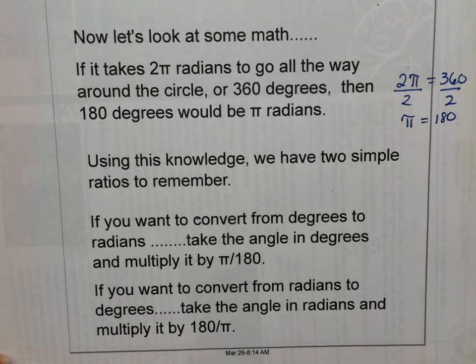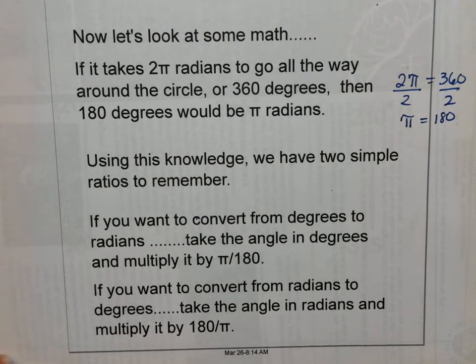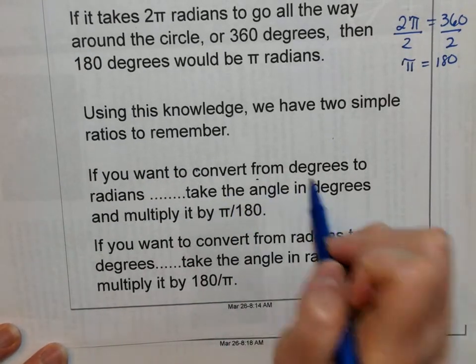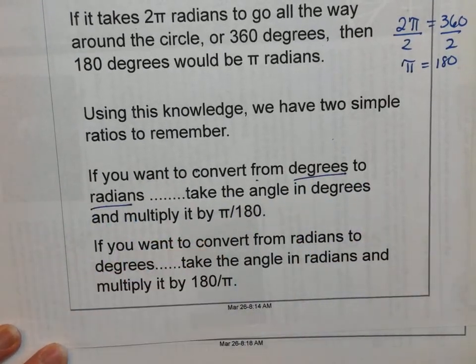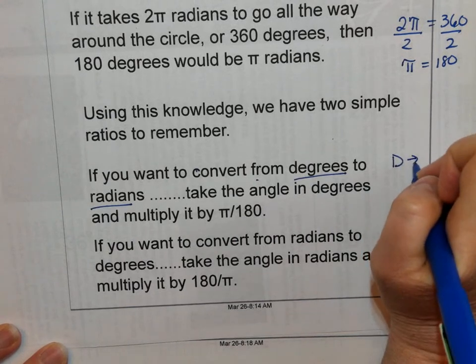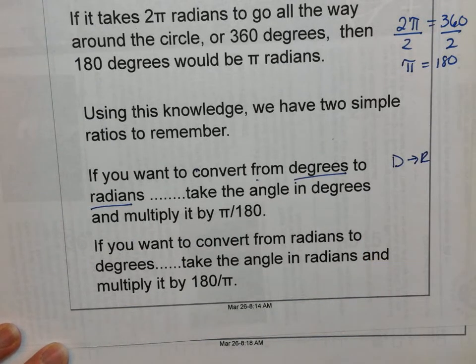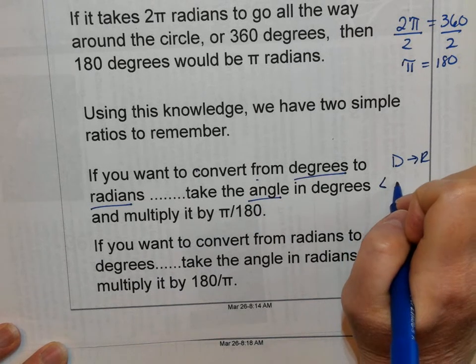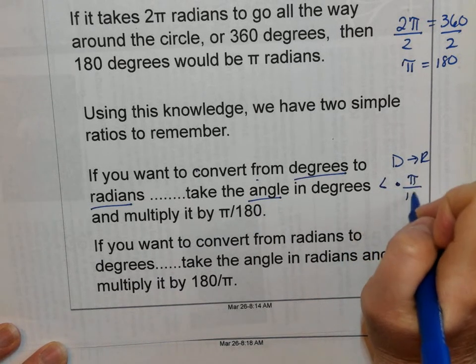That makes sense. Using this knowledge, we have 2 simple ratios to remember. If I want to go from degrees to radians, I take the angle and I multiply it by pi over 180.